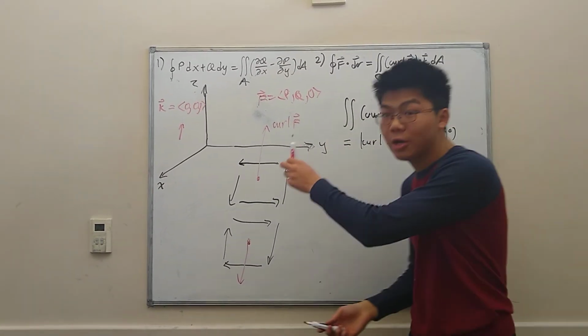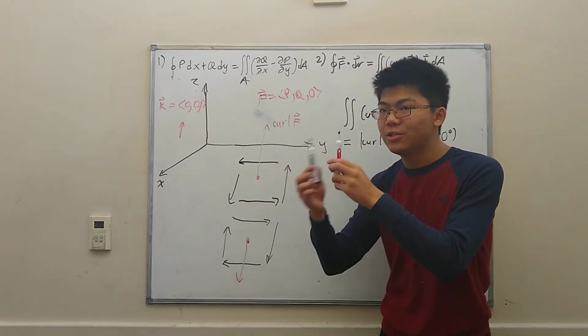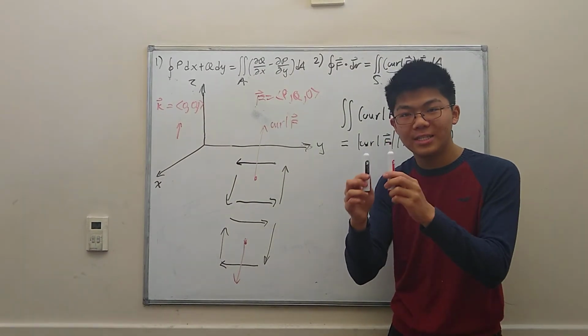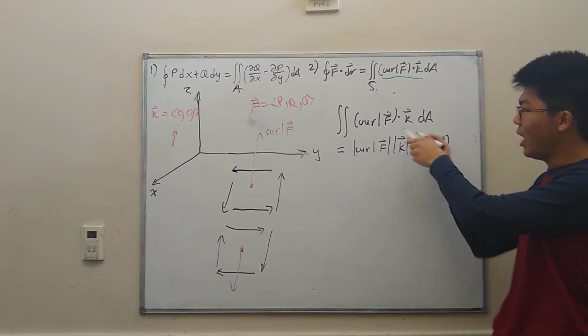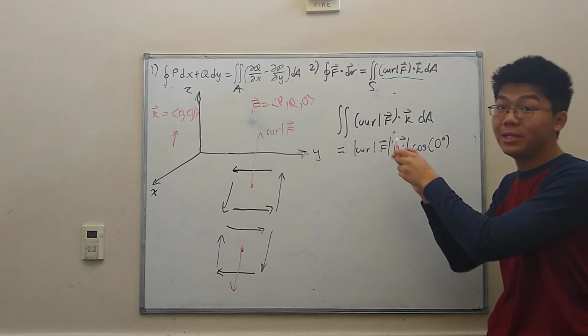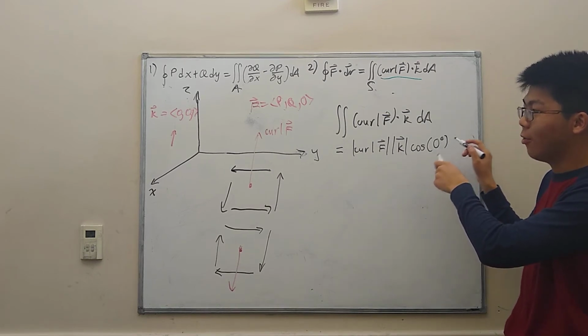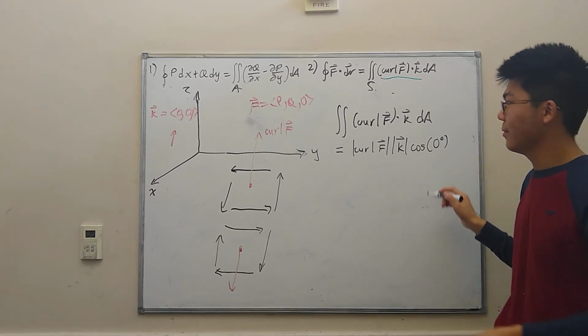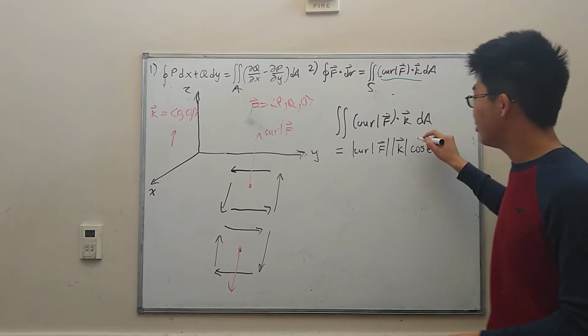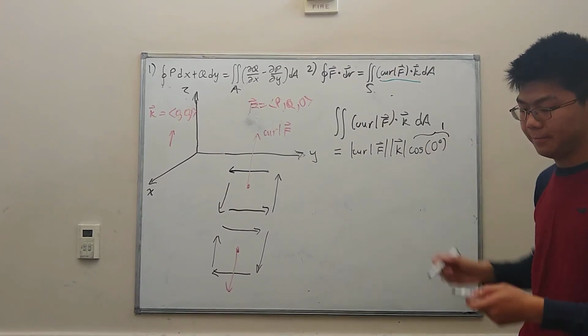So, the red is your curl of f, and the black is your k vector. They're pointing in the same direction. So when you take the dot product between them, when you're summing up the dot product over the area, you have your cosine or your angle between them is 0. So that means your cosine is 1 here.